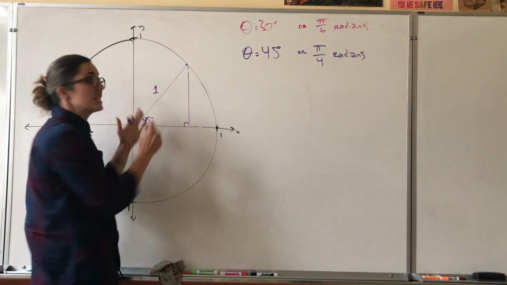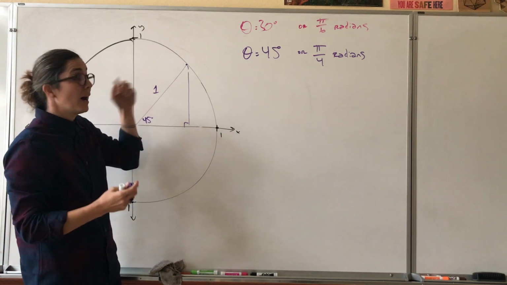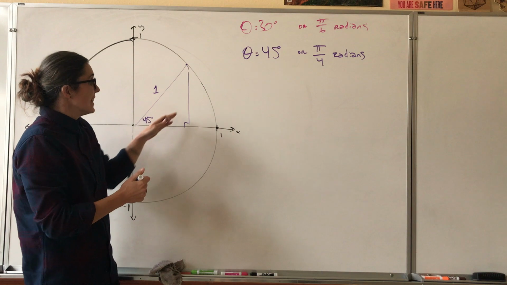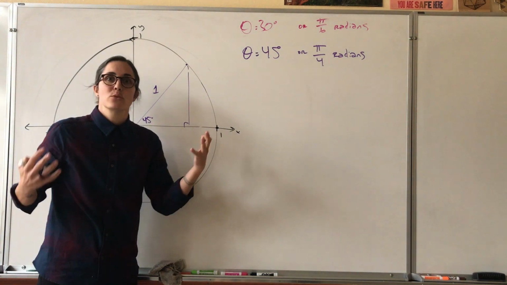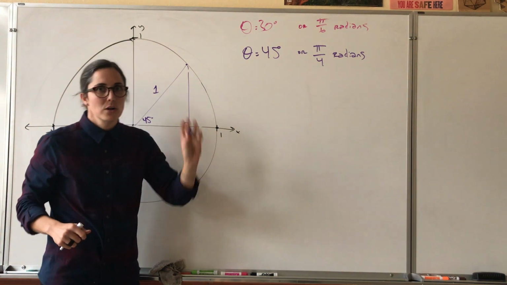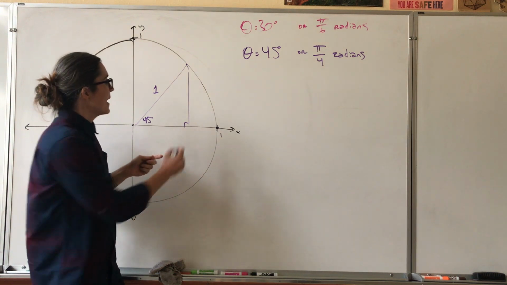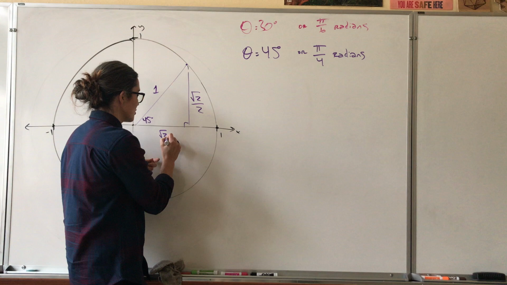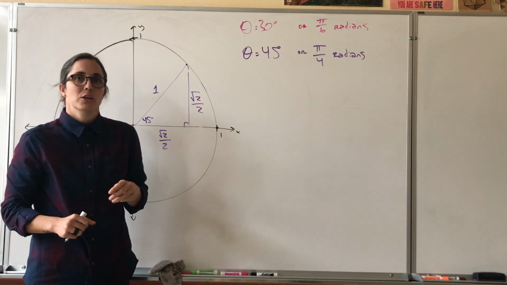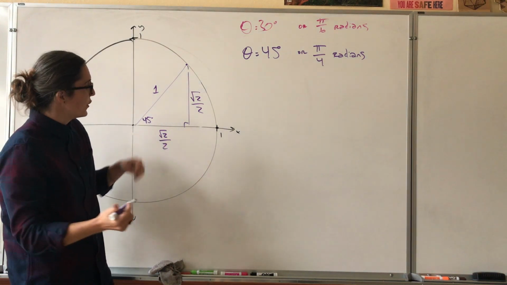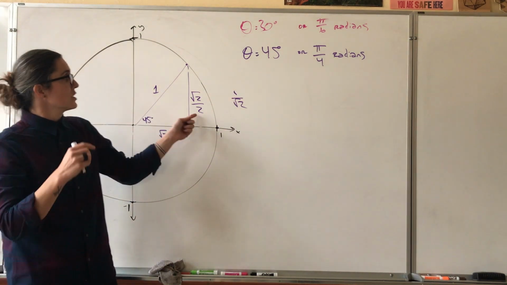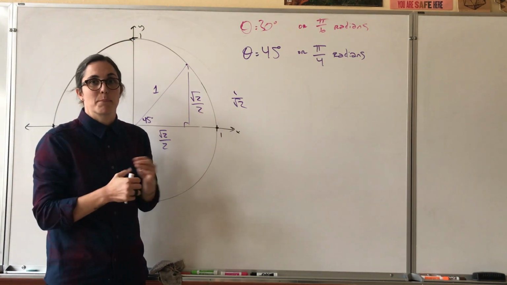Either way, because we are on the unit circle with a hypotenuse or radius of 1, we could find these other missing sides, like again you did in that special right triangle video a few weeks back, and we find that these sides are the square root of 2 over 2. You might have got 1 over the square root of 2, and these are in fact the same number.